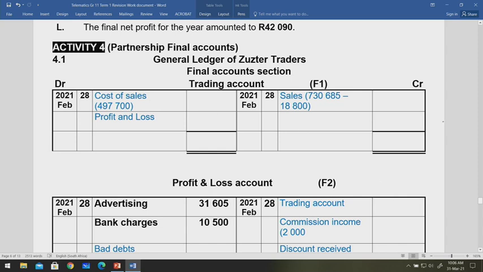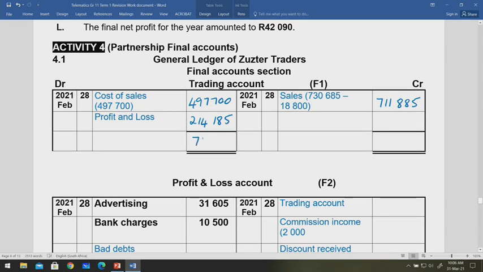Now, if you calculate that, there was no adjustments that influenced this any further. 885. The cost of sales, 497,700. If you subtract those two, then the gross profit, 214,185.